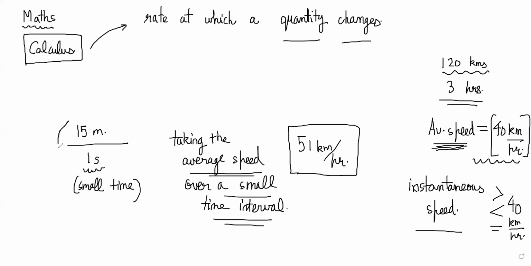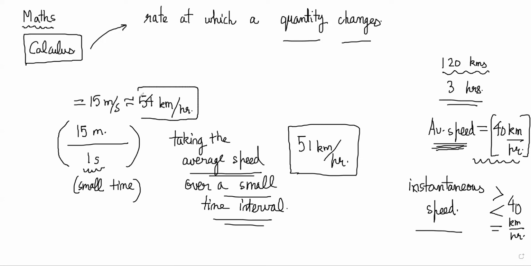But if you take average speed over only 1 second, then you will get 15 meters per second, which is roughly 54 kilometers per hour, right? Yes, sir. So the point is that even the car speedometer, what it actually tells us is the average speed over a 1 second period or a small time interval, right?